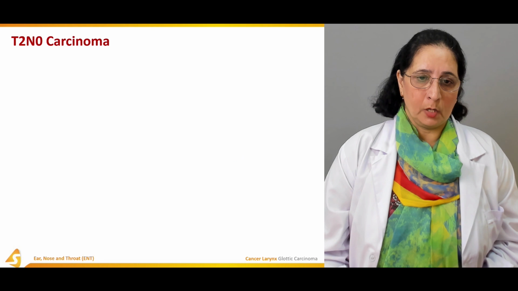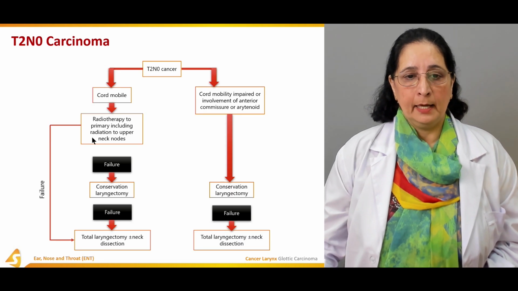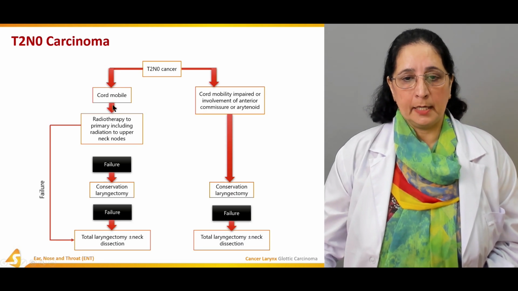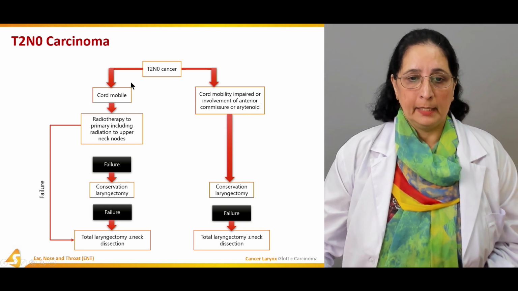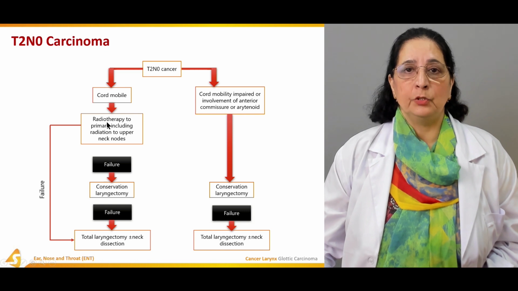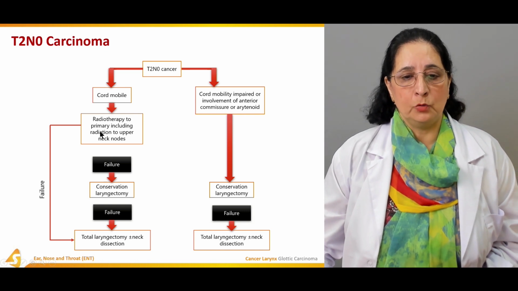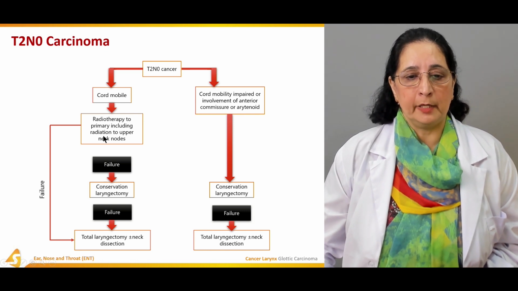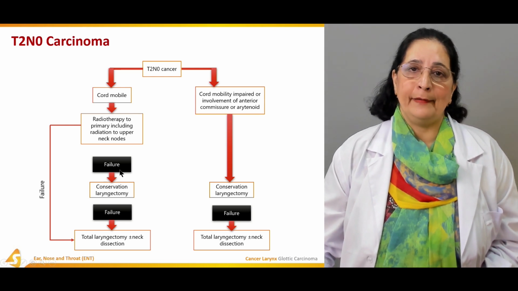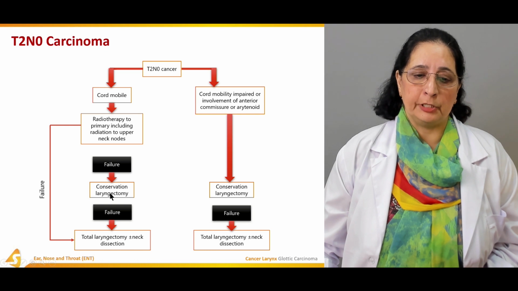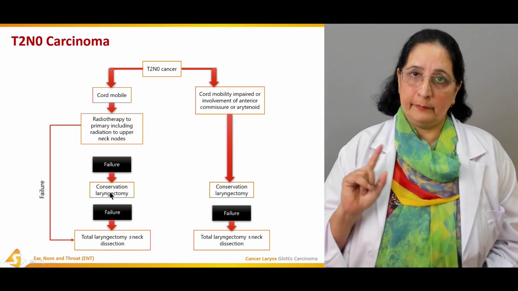Next, T2 N0 carcinomas, again depending on whether the cord is mobile or not mobile. If the cord is mobile, we should give radiotherapy to the primary, including radiation to the upper neck nodes. If this fails, then we should go for laryngectomy, conservative first.